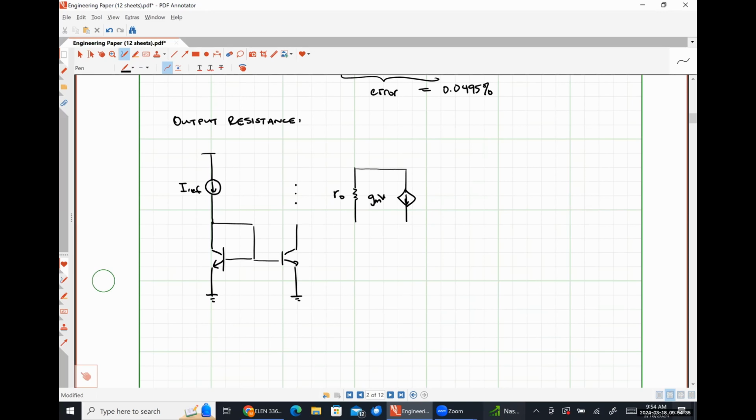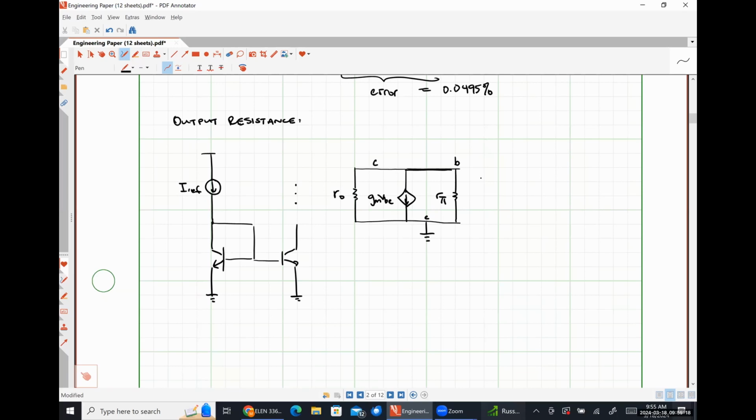So this will be GM VBE. And here's going to be R pi, where this node right here is the collector of the left transistor. This node right here is the base of the left transistor. And because we have a diode connection, that's why we have this wire right here. Our emitter node, which would be down here, is at ground.